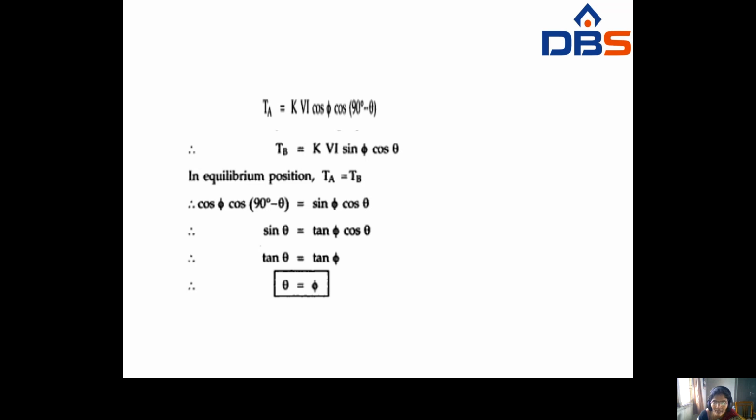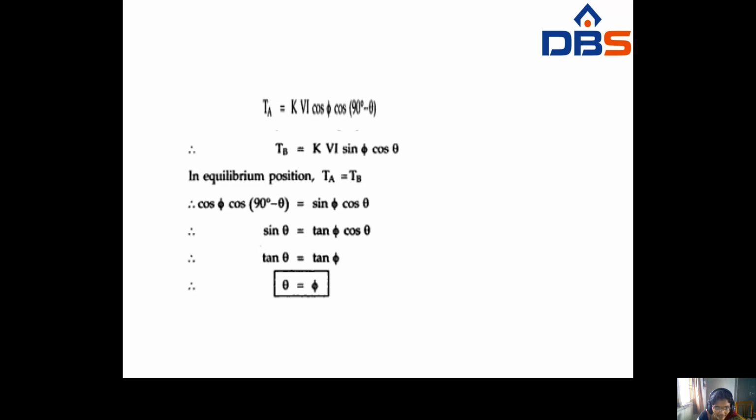At the equilibrium position, TA is equal to TB. That means kVI cos phi cos(90 minus theta) equal to kVI sin phi cos theta. The kVI cancels, so cos phi cos(90 minus theta) equal to sin phi cos theta. Cos(90 minus theta) is nothing but sin theta.